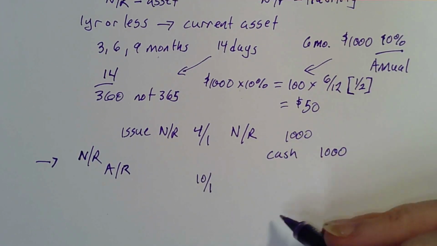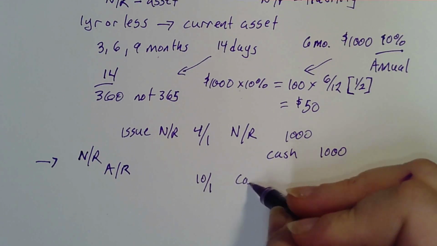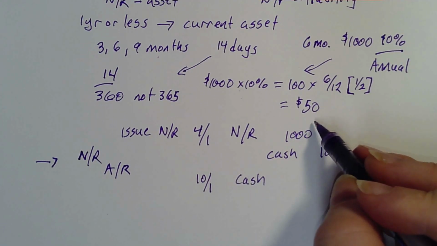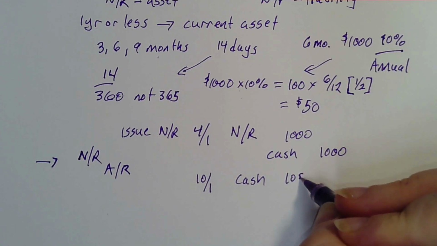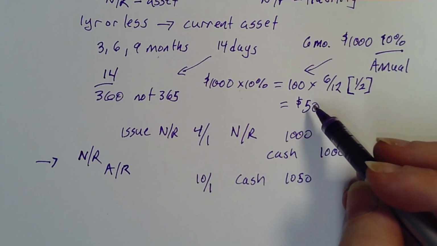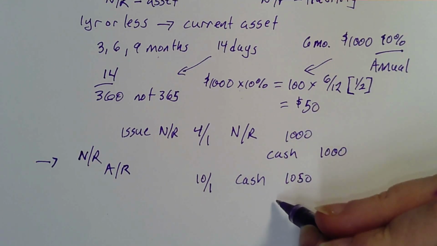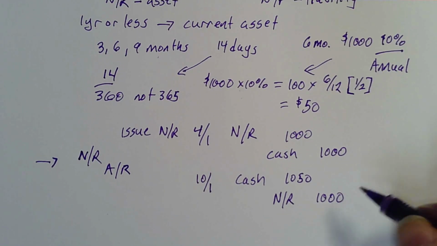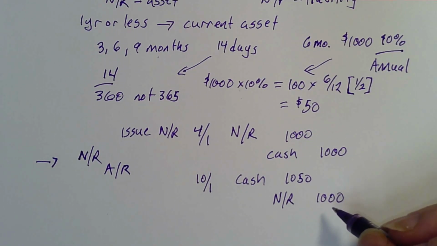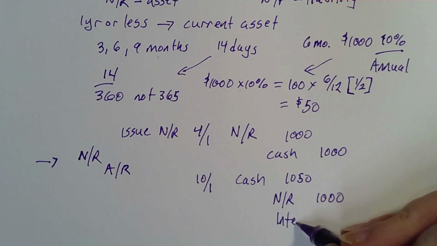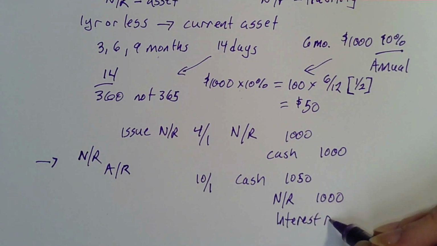Well, we're going to get not only the $1,000, but we're going to get the $50 as well, right? So we're going to get $1,050 for both the repayment of the note plus the $50, and they no longer owe us. So we don't tear it up, but we get rid of the notes receivable. They no longer owe us that. Plus, what else did we get? We got some interest, and we're going to record that as interest revenue.